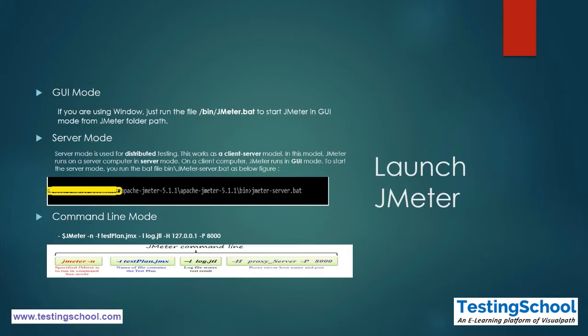Next is server mode. So basically server mode is mainly used for distributed testing. Distributed testing is again a different concept for advanced JMeter, where you will be using multiple JMeter machines which will be in the same subnet, and you will be testing by using different machines at a time. As you compare JMeter with other tools, there is no separate controller.